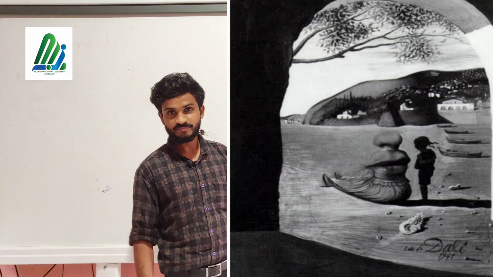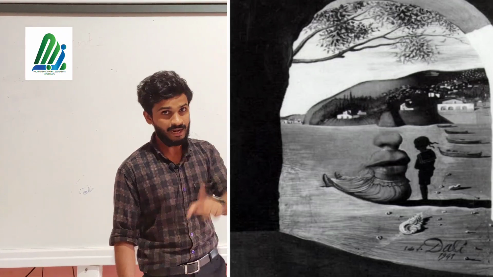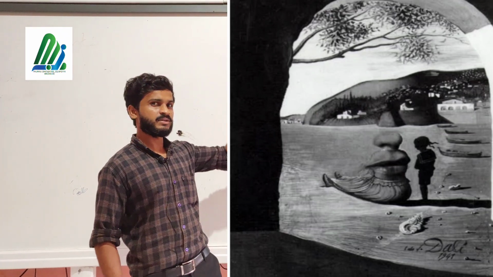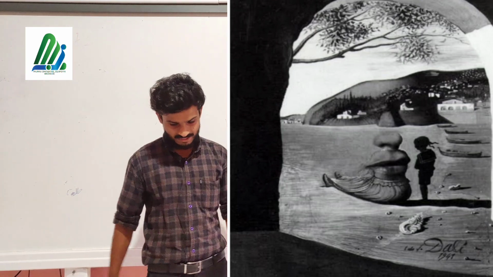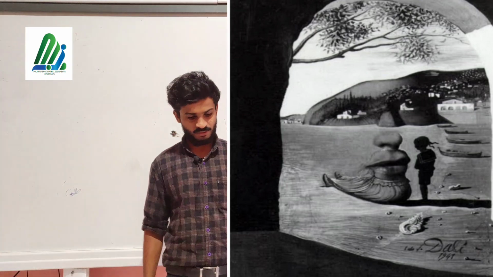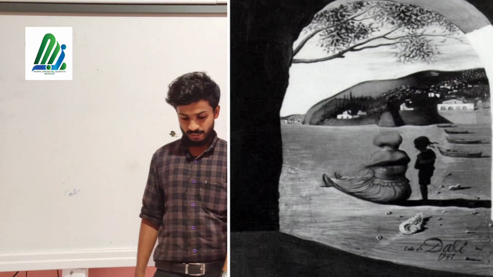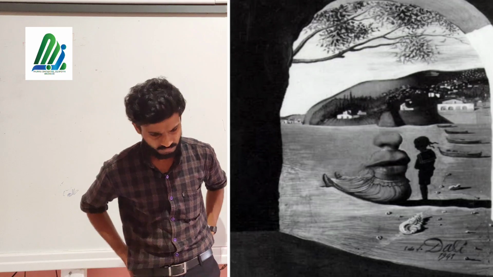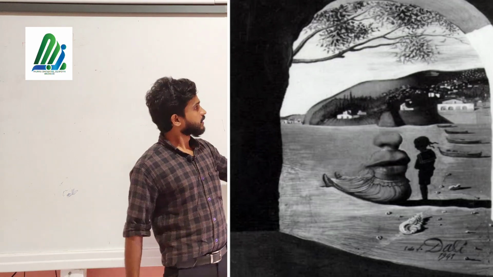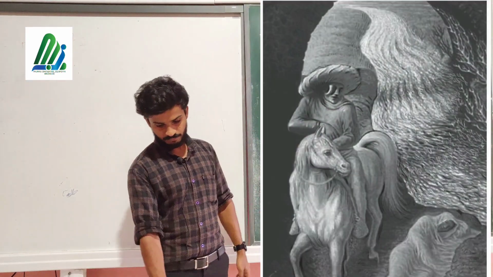Am I correct? Again, look at the picture very closely. Now you can see a woman sitting on the shore, and some boats and a bridge are there.